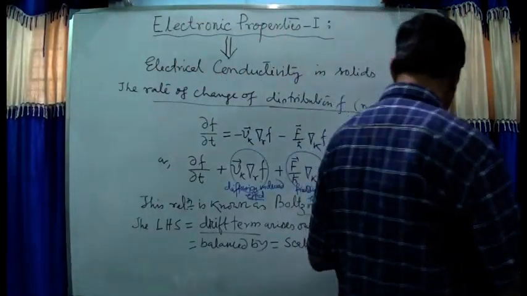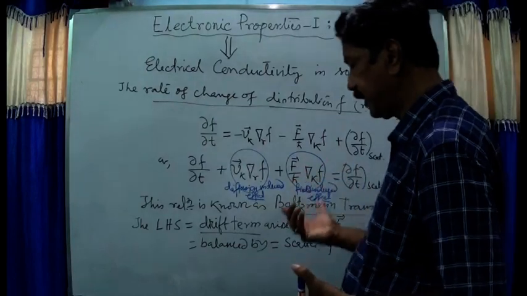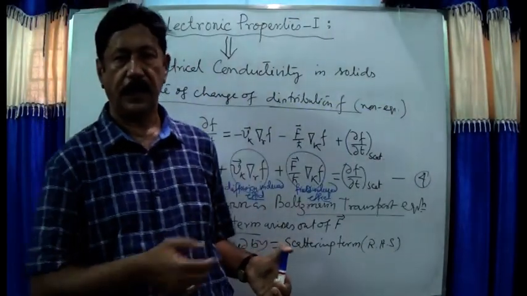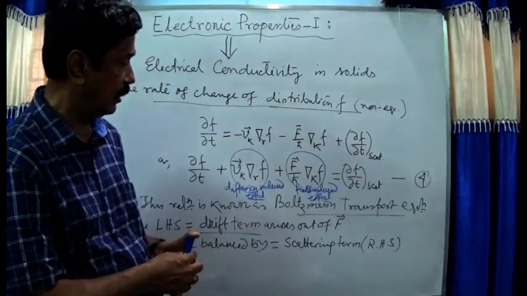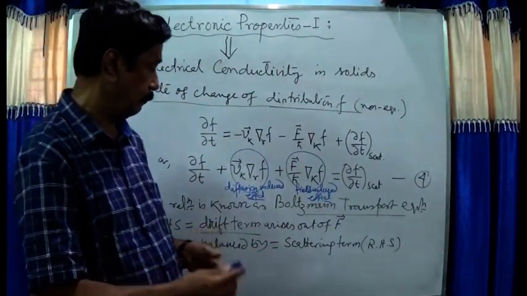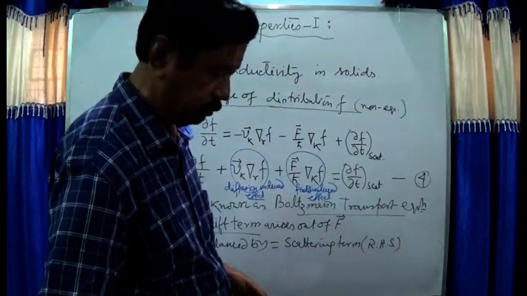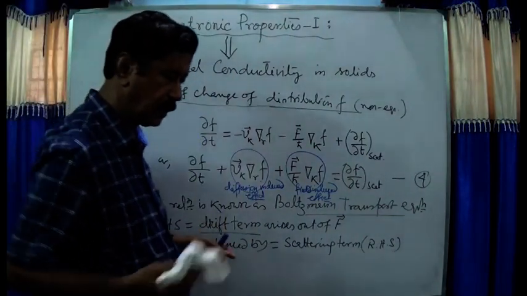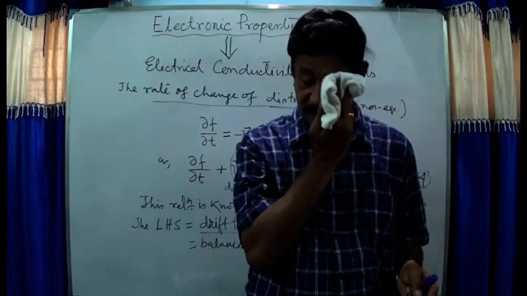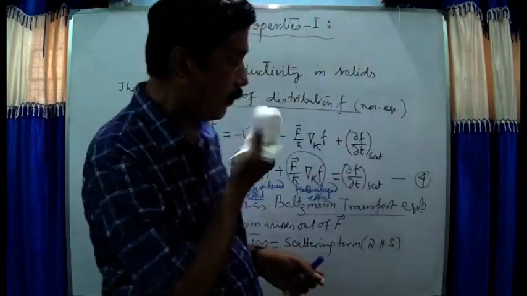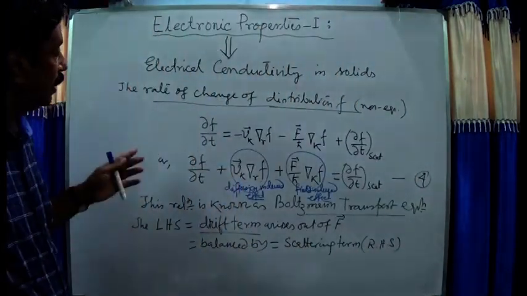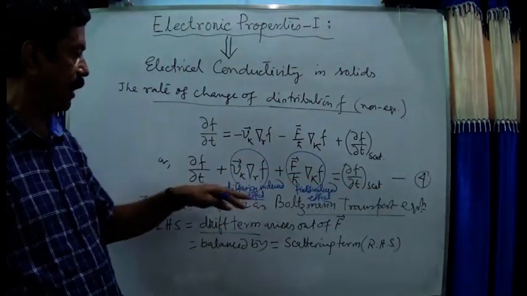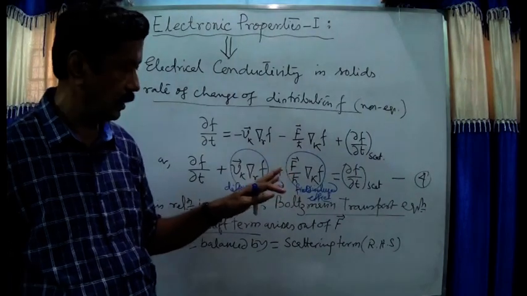So specifically we can distinguish the particular terms, what they mean. So we have now arrived at the derivation of the Boltzmann equation.